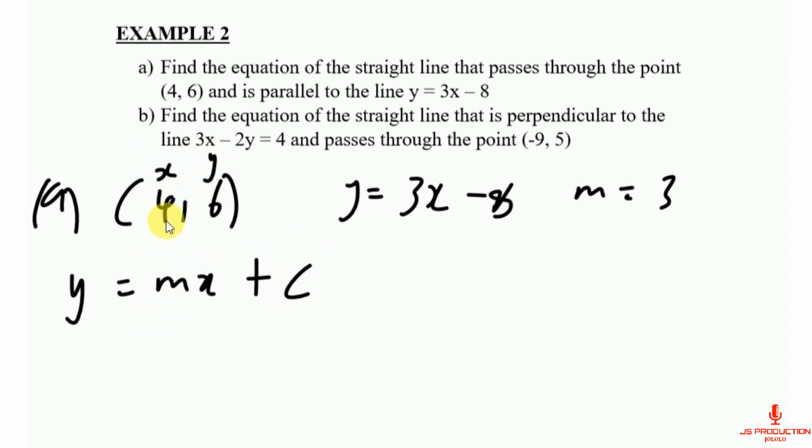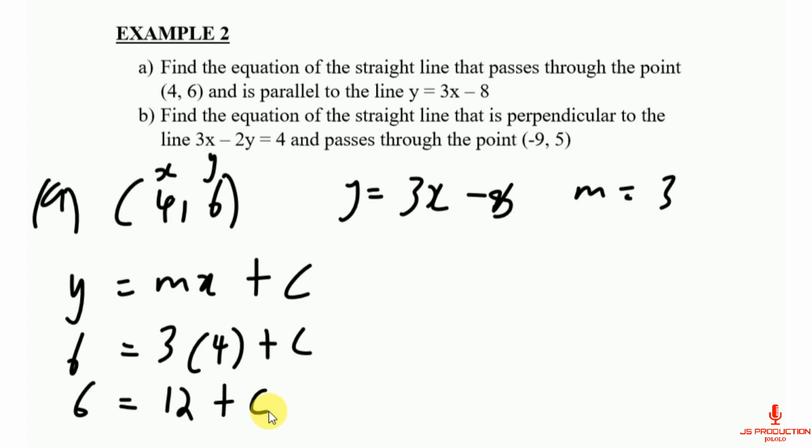That means the gradient of this line is also going to be 3. So our y is 6, is equal to the gradient 3, our x is 4, plus c. So 6 is equal to 3 multiplied by 4, that's 12, plus c.